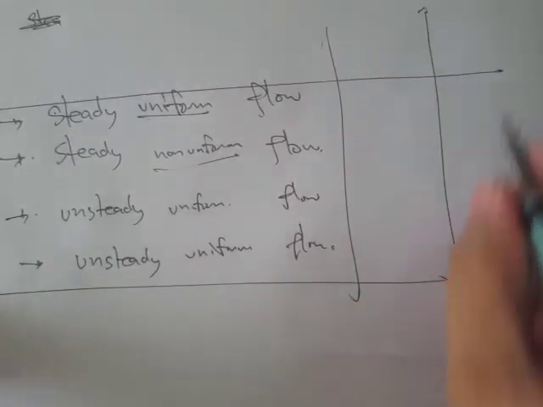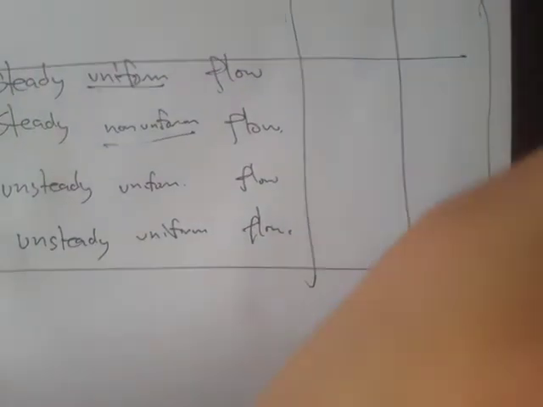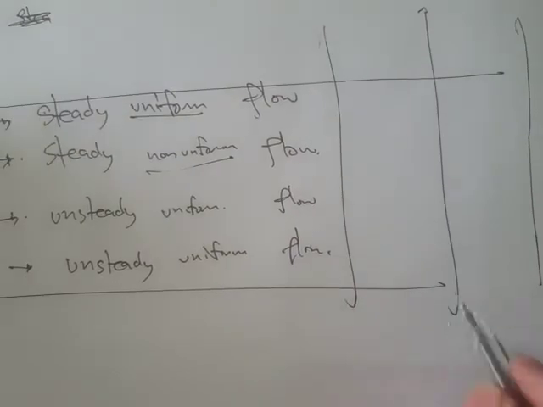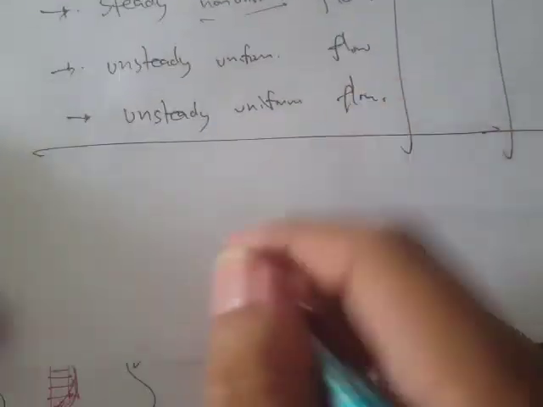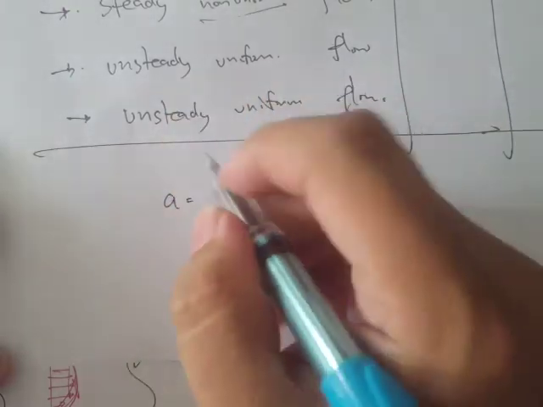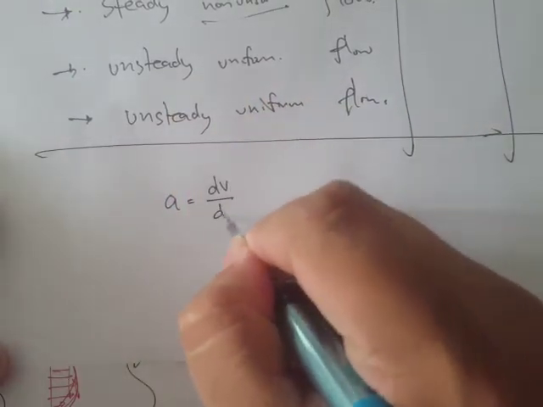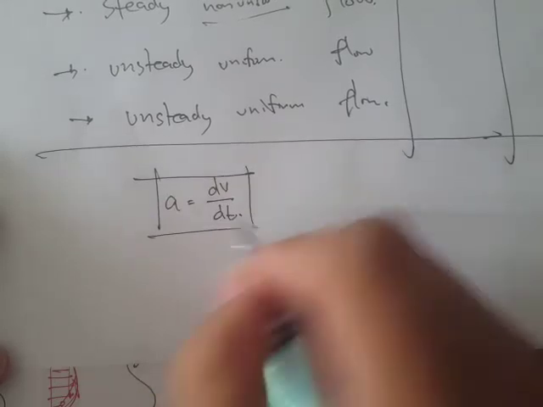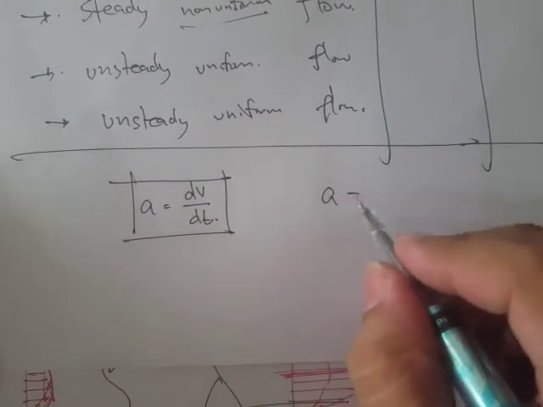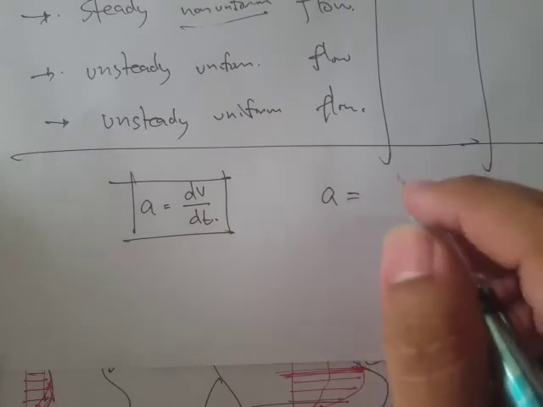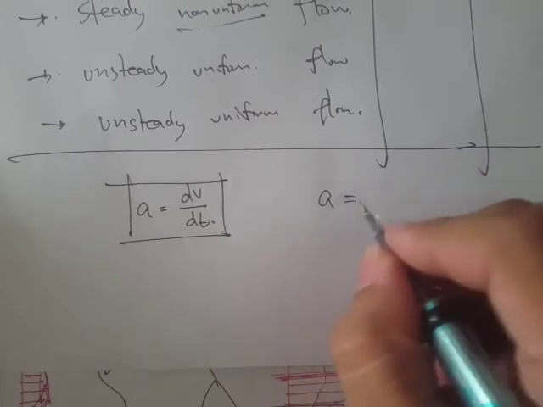Okay, so now let's talk about the acceleration related to this discussion. We can express acceleration as the change of velocity per unit time. So that's acceleration as a function of time, but we can also express acceleration as a function of position, as we have learned in our dynamics course.